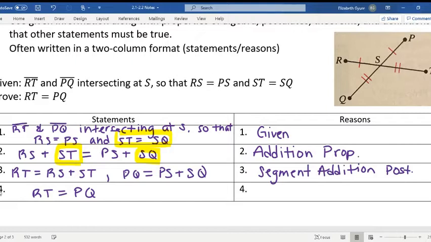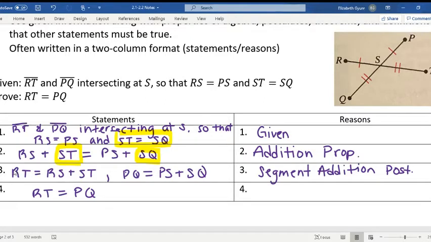The segment addition postulate lets me say that one part of my segment plus another part of my segment equals the entire segment. So that allowed me to introduce segment RT and segment PQ into my proof. They needed to be featured because they're the entire point. That's where I need to get to.